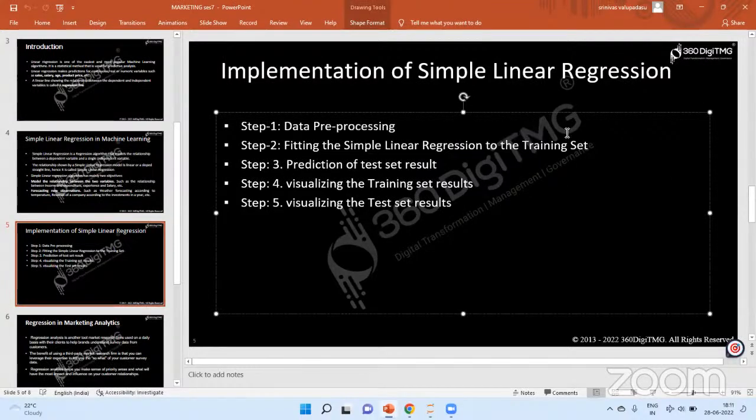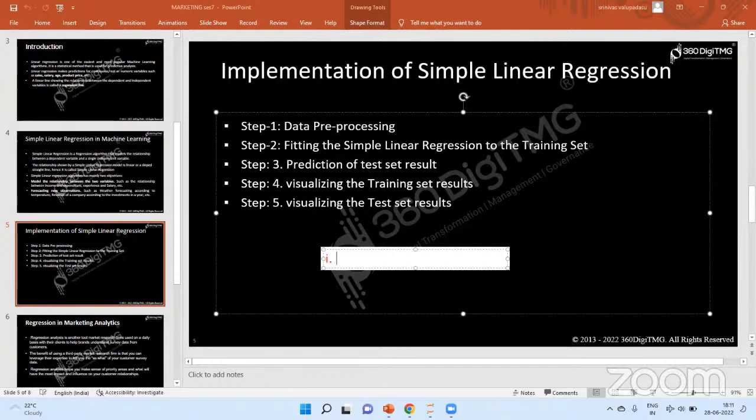So how to implement simple linear regression? For implementing, we need to focus on some points. First, we want to find out if there is any correlation between these two variables.